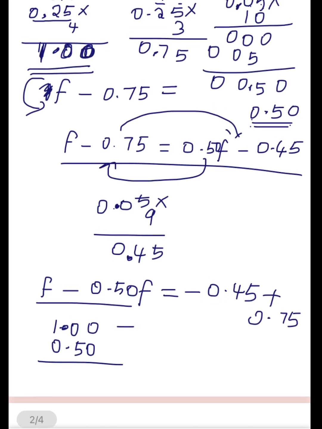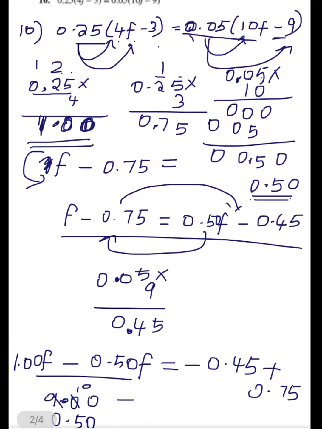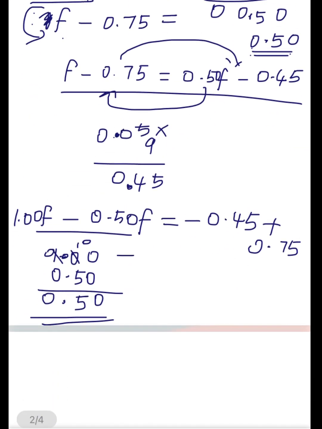So 0 minus 0 is 0. Now 0 minus 5, so 10 minus 5 is 5. Put the decimal point here, and now here 0. So 0.50 itself. This f is actually 1.00 f. You got this 0.25 into 4 as 1.00, and that I have written as f. For subtraction you can simply write this f as 1.00, and after doing the subtraction you will get 0.50.